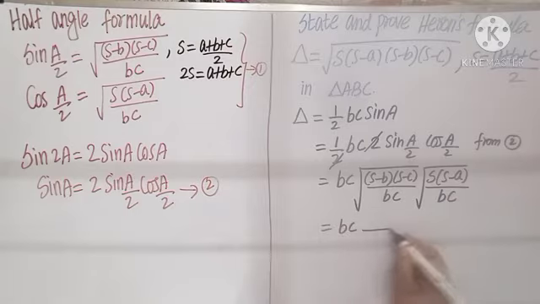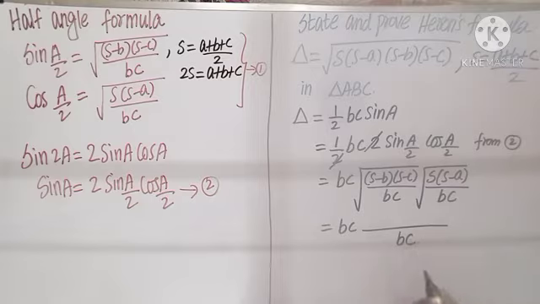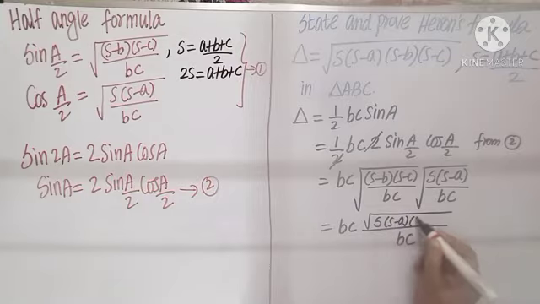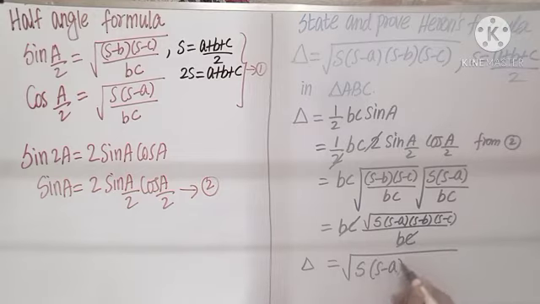BC into square root of BC will become BC. In the numerator, I have S, S minus A, S minus B, S minus C. BC cancels, giving us the formula delta is root of S into S minus A into S minus B into S minus C.